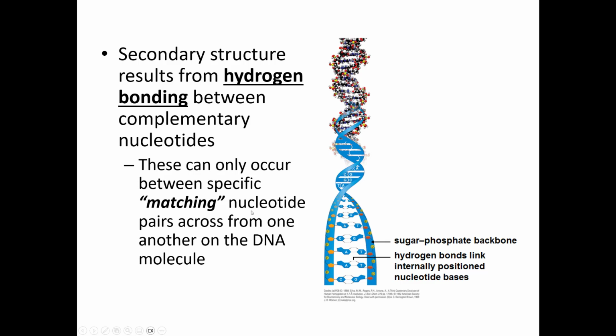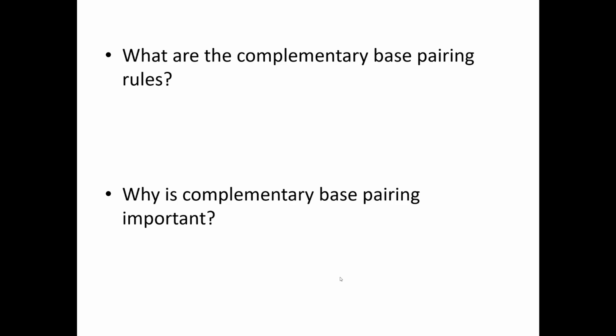So I'll describe this next here, but if you notice, A only pairs with T and C only pairs with G. So if we look down here, this A is always connected to a T, and this C is only connected to a G. So those are what we consider matching, or as we'll describe next here, complementary base pairing. So the first question here is, what are the complementary base pairing rules? And the second question is, why is complementary base pairing important?